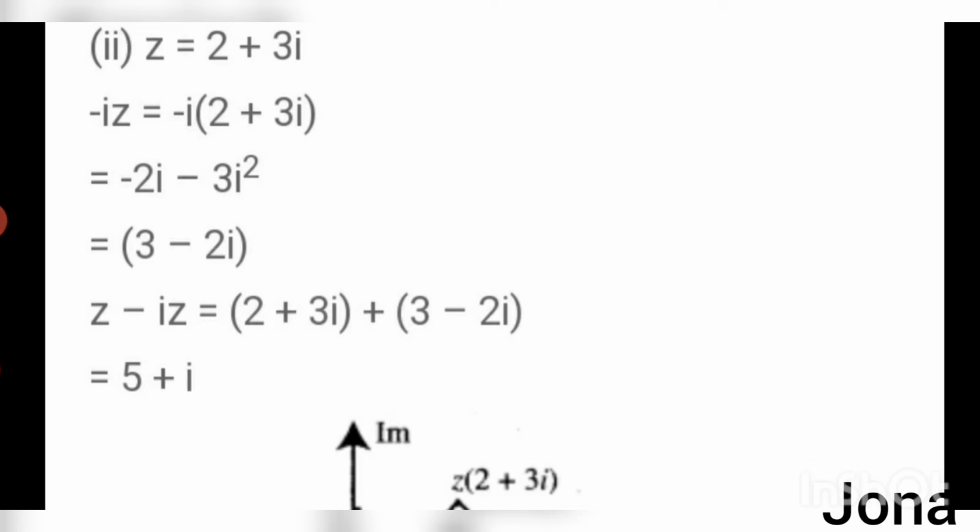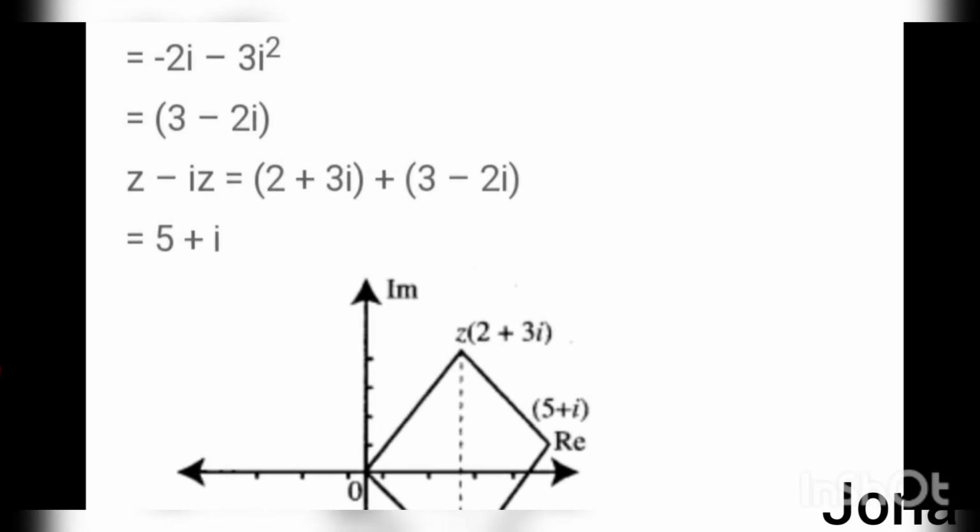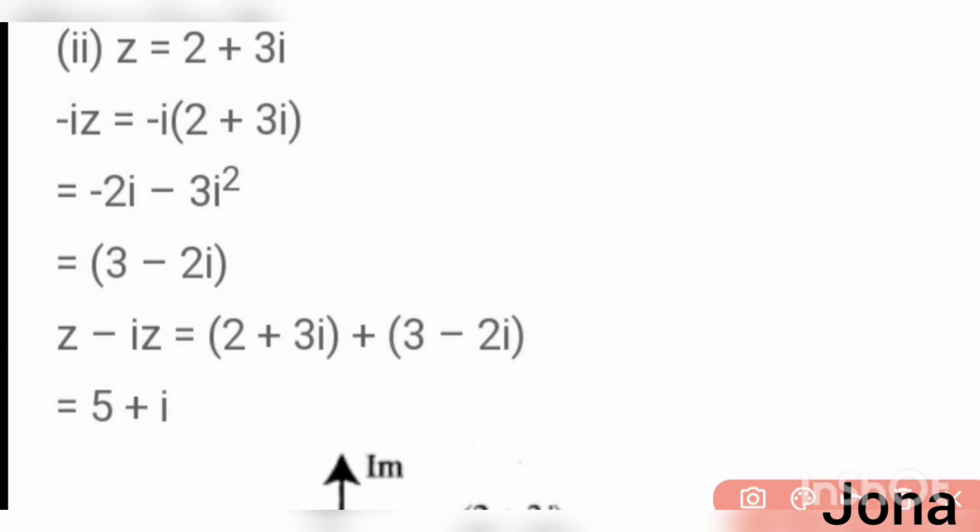In the second division of the second problem we have to represent in the Argand plane z equal to 2 plus 3i and minus iz. So for this we have to find the value of minus iz, which is nothing but minus i into 2 plus 3i.